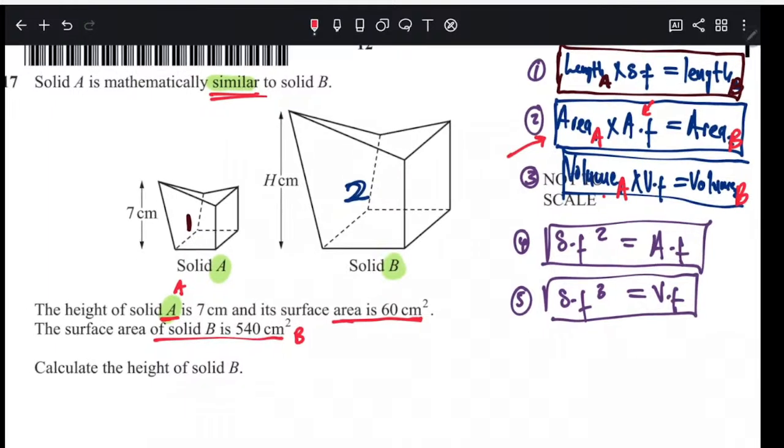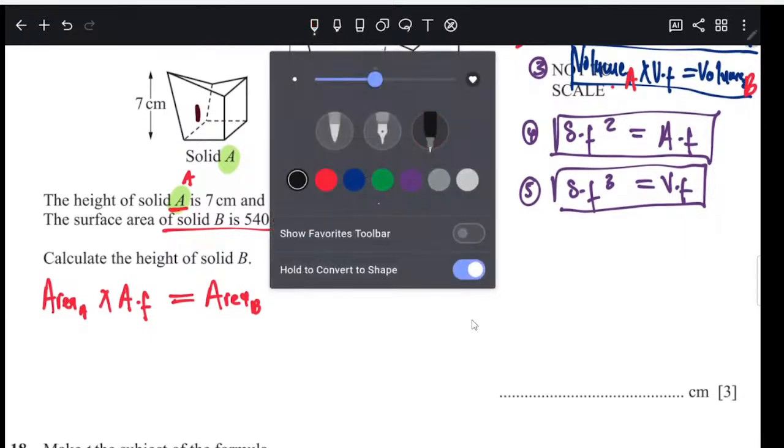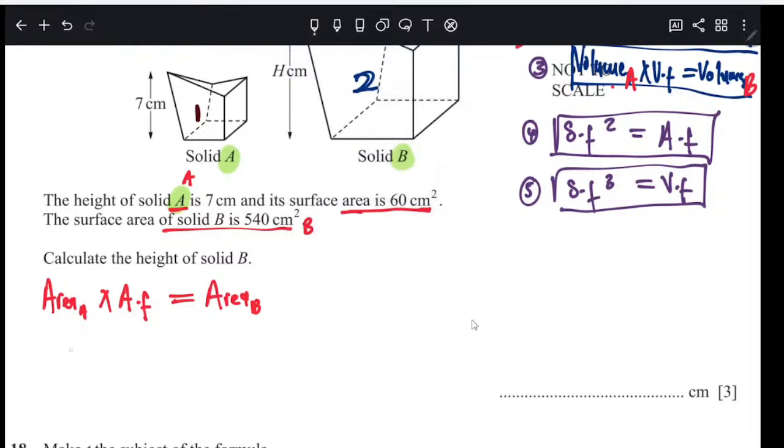Write it. You're going to say area of A times the area factor gives you area of B. Don't get in there and change your method. You affect everything. Area of A times area factor gives you area of B. What is the area of A?